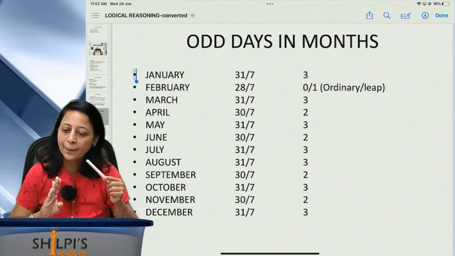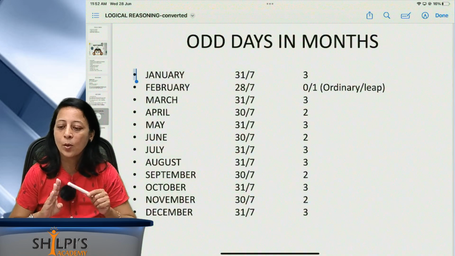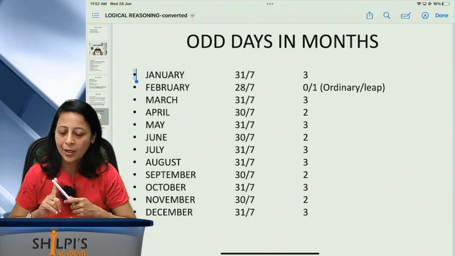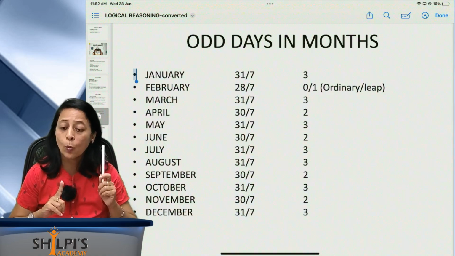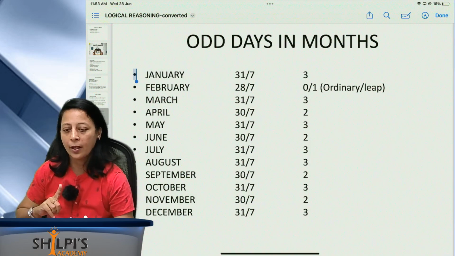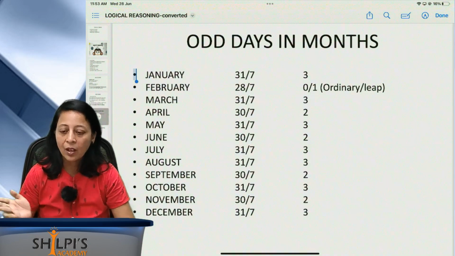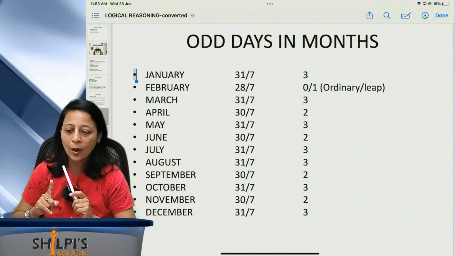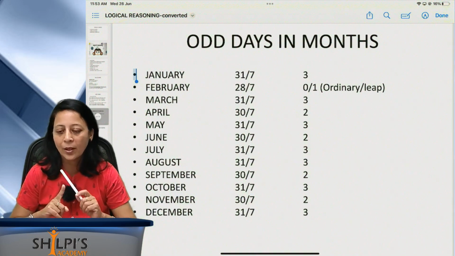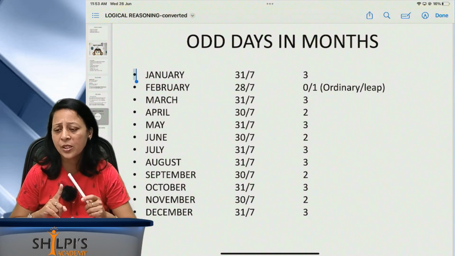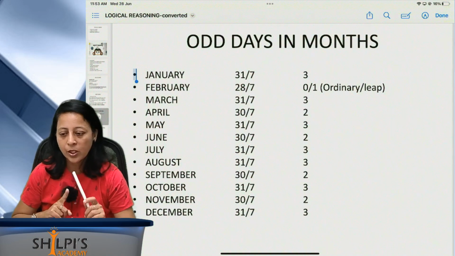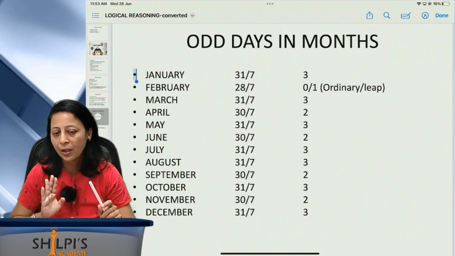Suppose the February has 29 days, which means it is a leap year, then you will be left with 1 odd day, because 29 divided by 7 leaves 1 day as a remainder. So in a leap year February you will have 1 odd day, or else in the other, ordinary years you will have 0 odd days, because 28 is exactly divisible by 7.